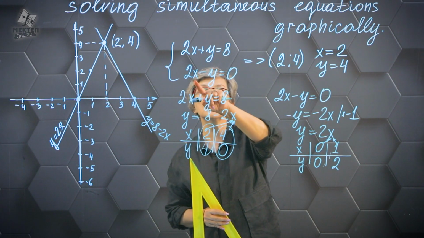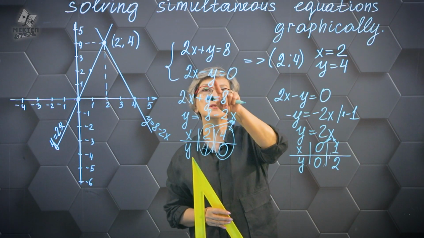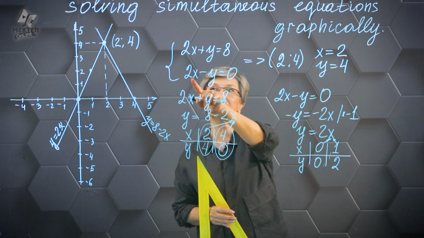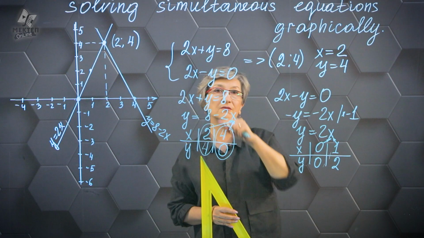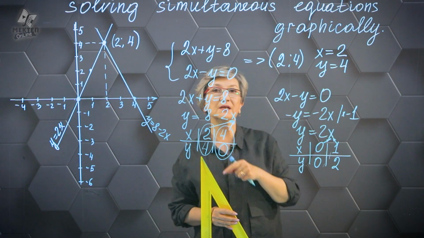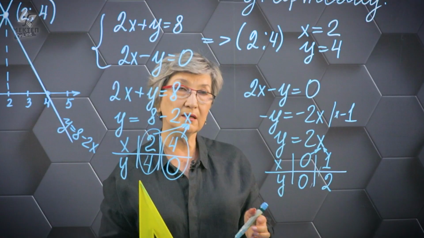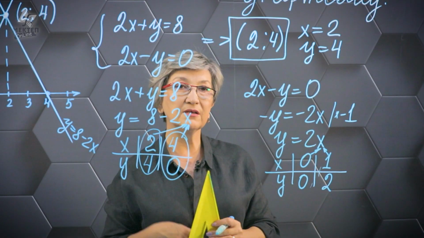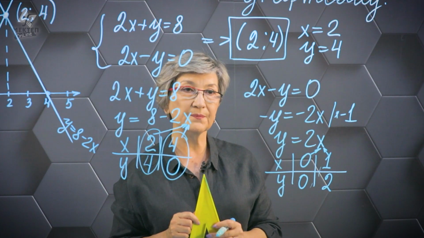Thus, we will substitute x with 2 and y with 4, and then we will compute. 2 times 2 equals 4, and 4 minus 4 gives 0. So this point is also a solution to the second equation. So we claim that the pair of numbers 2 and 4 is a solution to our system.